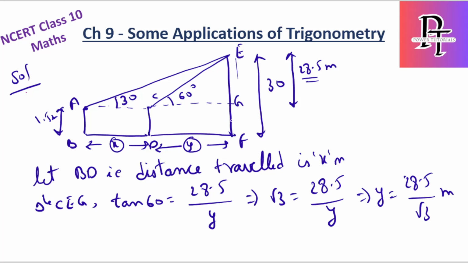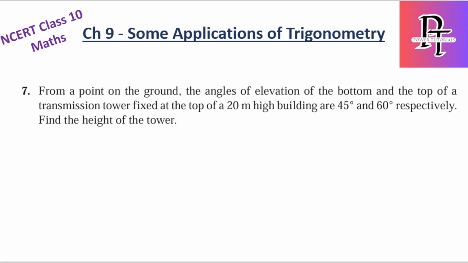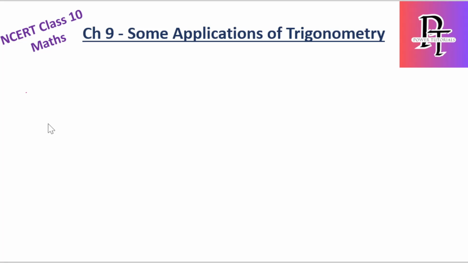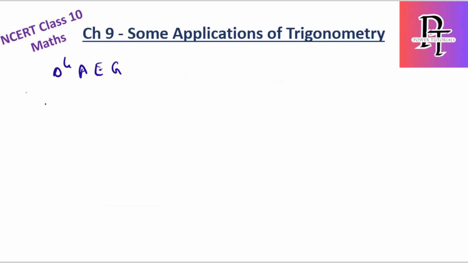So let's take the bigger triangle, which is AEG. In triangle AEG, tan 30 will be equal to opposite over total adjacent side.